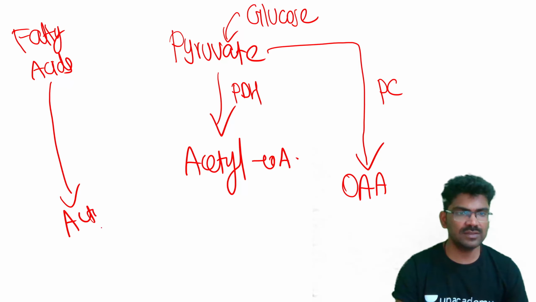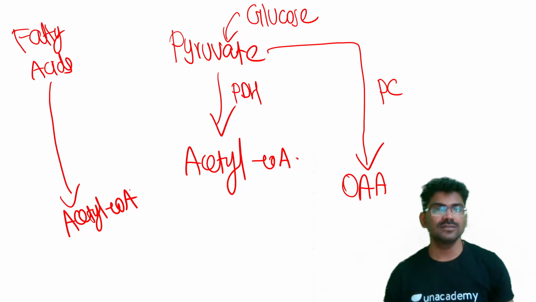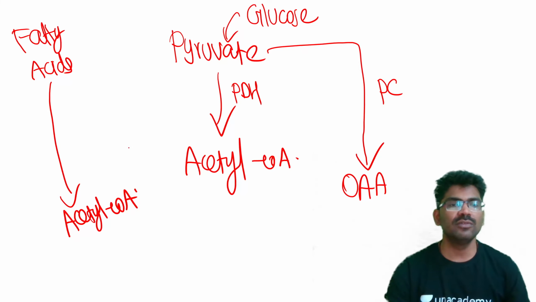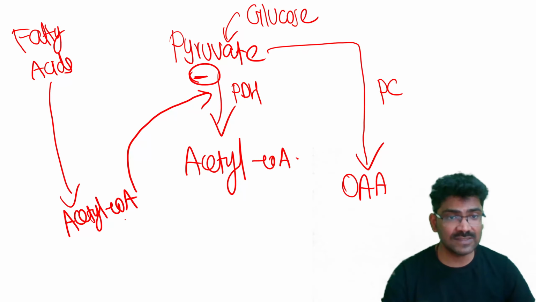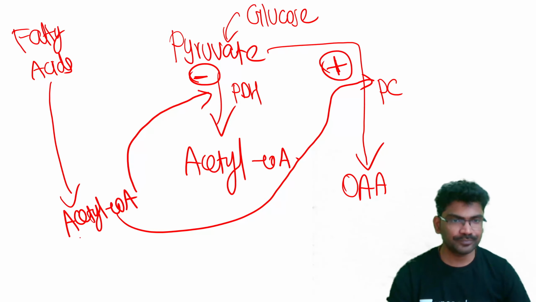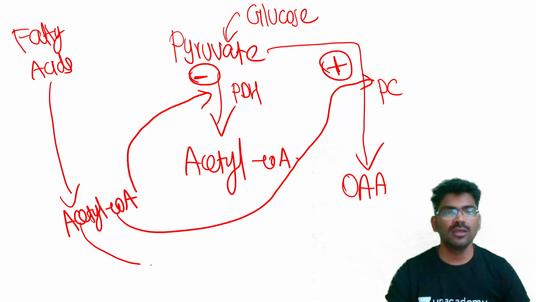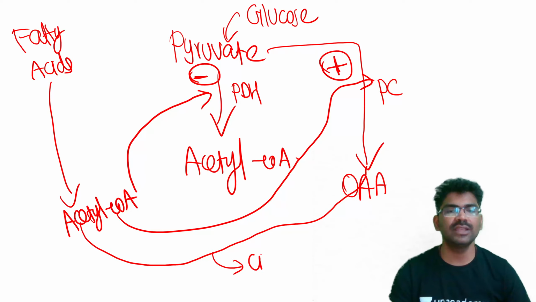When there is a lot of acetyl CoA coming from fatty acids, this acetyl CoA will inhibit the pyruvate to acetyl CoA conversion, whereas it will activate the pyruvate carboxylase reaction, because acetyl CoA condenses with oxaloacetate to produce citrate.